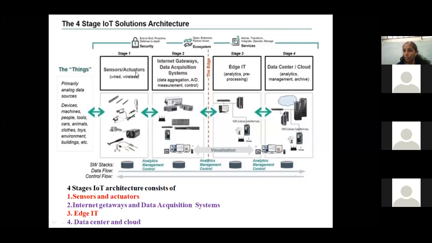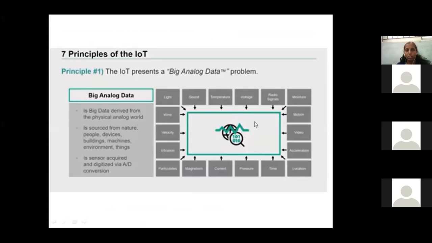The sensor information, wired or wireless, needs to be given to the internet gateways and data acquisition system, that is analog to digital converters, measurements and control, what we have discussed right now: your local SCADA and PLC systems or microcontroller based hardware, from which the data is transmitted through the communication medium to the common central server. Edge IT performs data analytics and pre-processing, then the data center does data storage, data analytics, and decision making functions. So these are the 4 stages of the architecture.